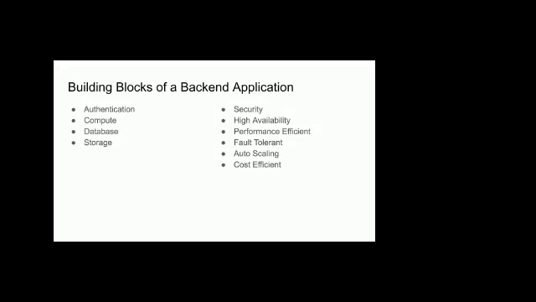Most likely it will be either relational or non-relational, NoSQL or key-value pair database, depending on the use case. That is also one of the critical components of any application. There are very few applications which don't require any sort of database, but I assume that 99% of applications require some kind of a database.